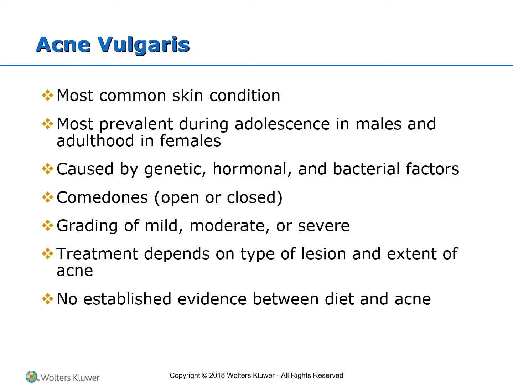Acne affects up to 80% of the American population. Diagnosis includes both the H&P and then an actual visual inspection of the lesions and seeing if they have the characteristics of acne, and then also looking at the age.